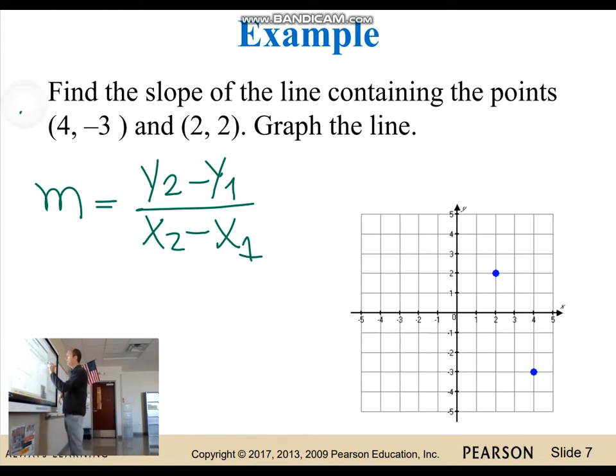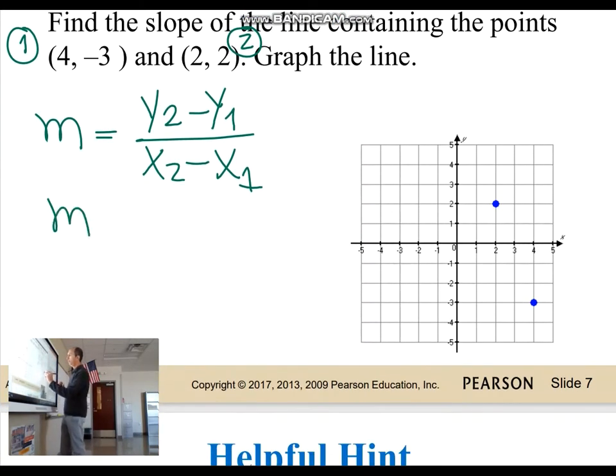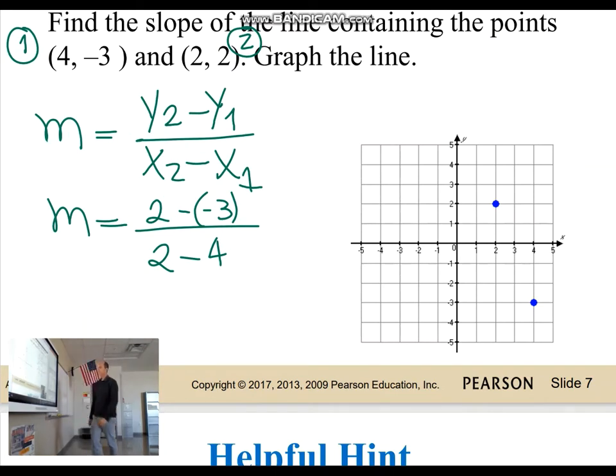And we can say this is point 1, this here is going to be point 2, and m equals y2, 2, minus y1, negative 3, over x2, 2, minus x1, 4. 2 minus negative 3, negative negative is positive, 5, and 2 minus 4 is negative 2.